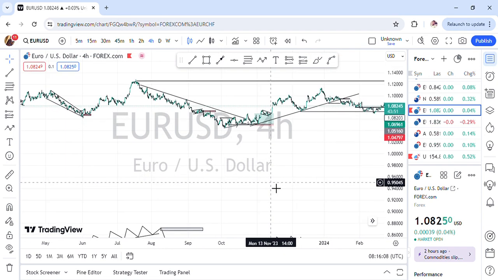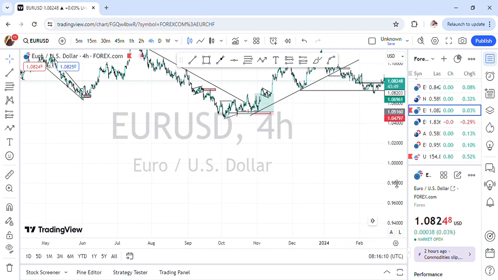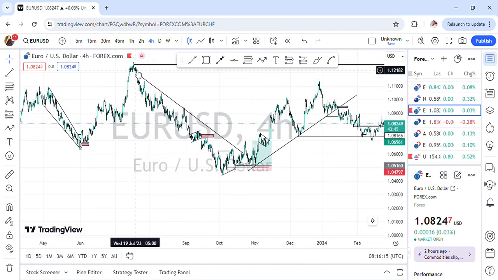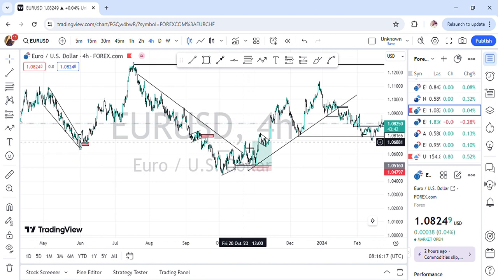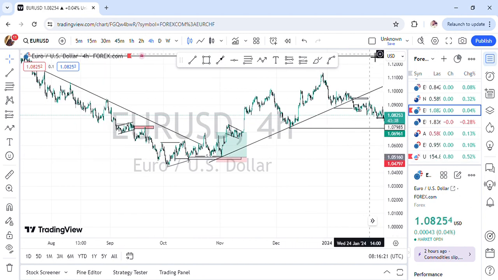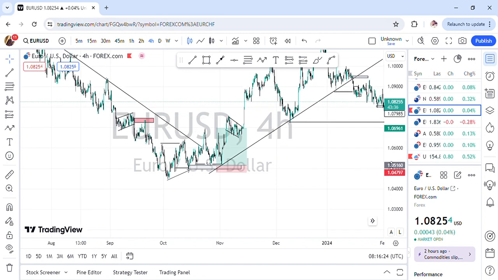Let's look at the live chart. This was a downtrend. Then we had the breakout here. Then I made use of my order block to buy the market.